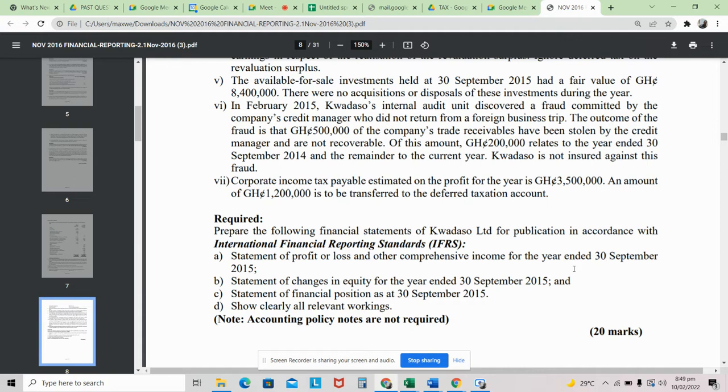B. Statement of changes in equity for the year ended 30th September 2015. C. Statement of financial position as at 30th September 2015. D. Show clearly all relevant workings. Note: accounting policy notes are not required.